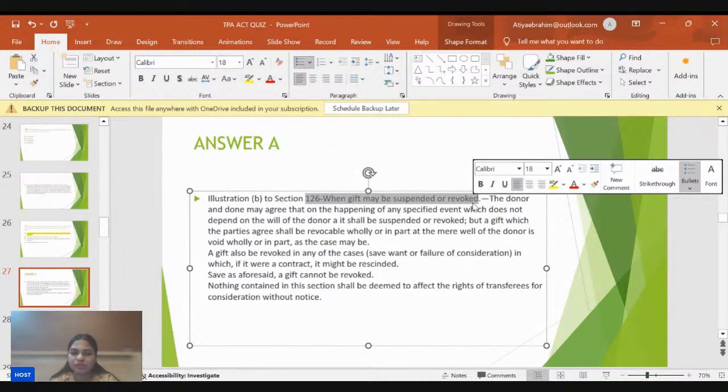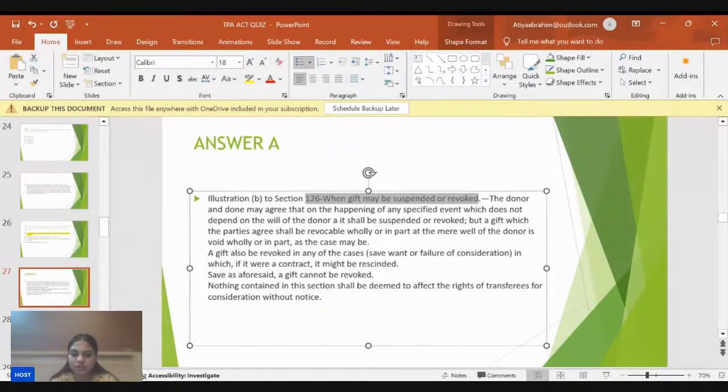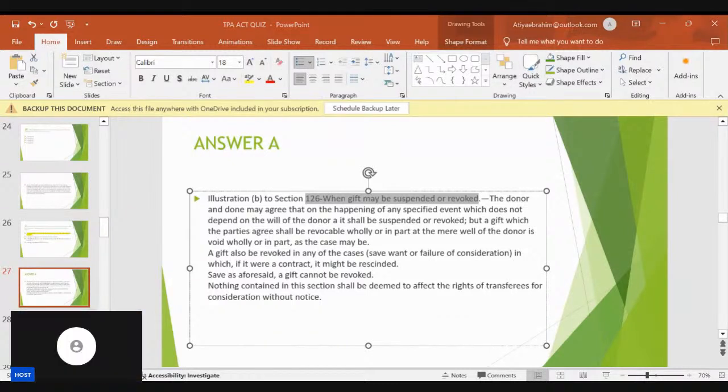When gift may be suspended or revoked. So if you see section 126 of TP Act, for 21 the correct answer is A. Why? Because if you have the bare act, or if you can mark it down, see section 126, right, and the illustration which is given in section 126.